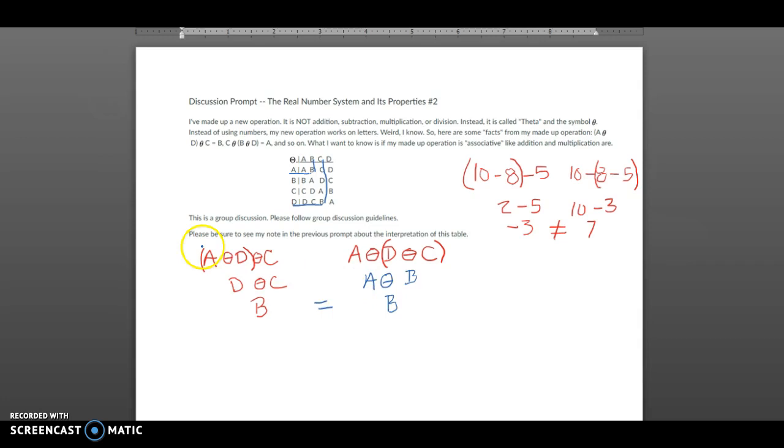Is that a thing? I don't know. Anyway, let me do another example. I'm just making this up, totally at random. Let's start with C theta A theta B. I'll do C theta A first.